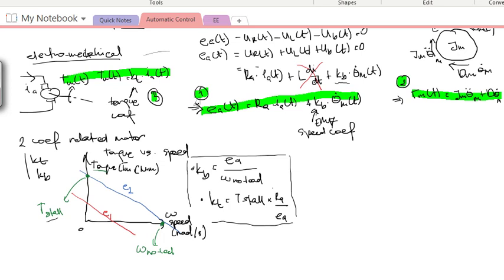Okay, now that we have found KB and KT, let's go back to our initial objective of creating the transfer function. We have three equations, equation number 1, equation number 2, and equation number 3.